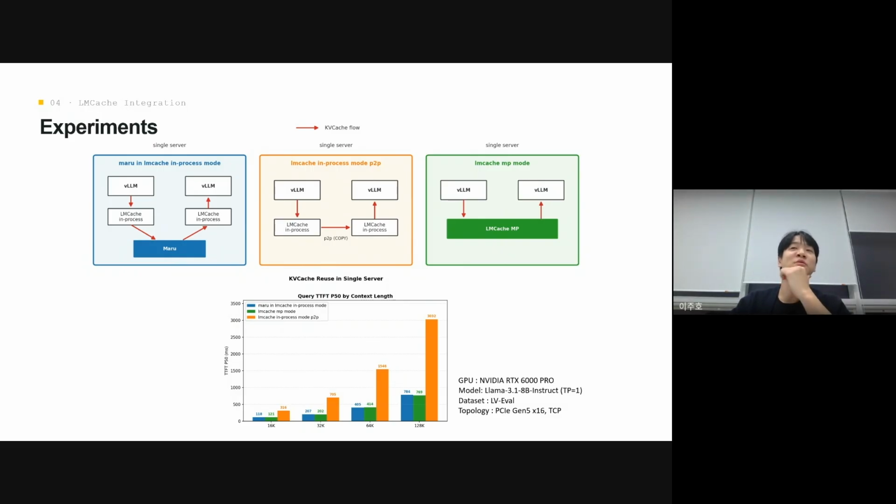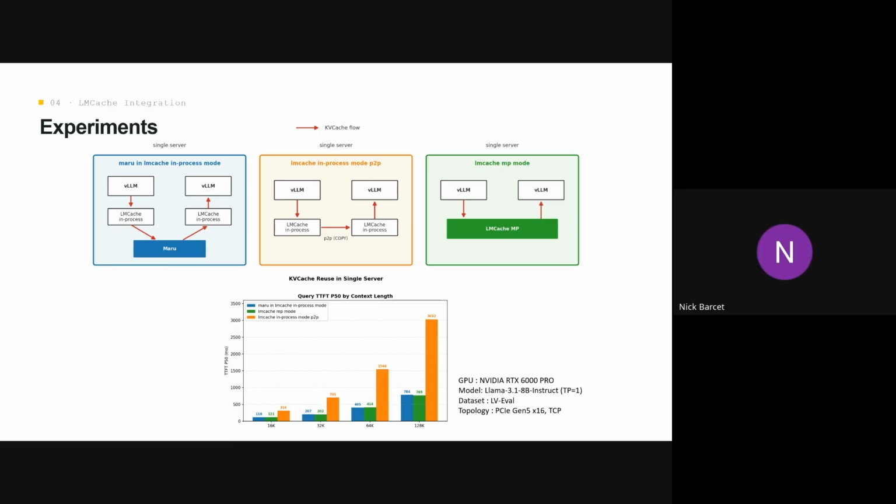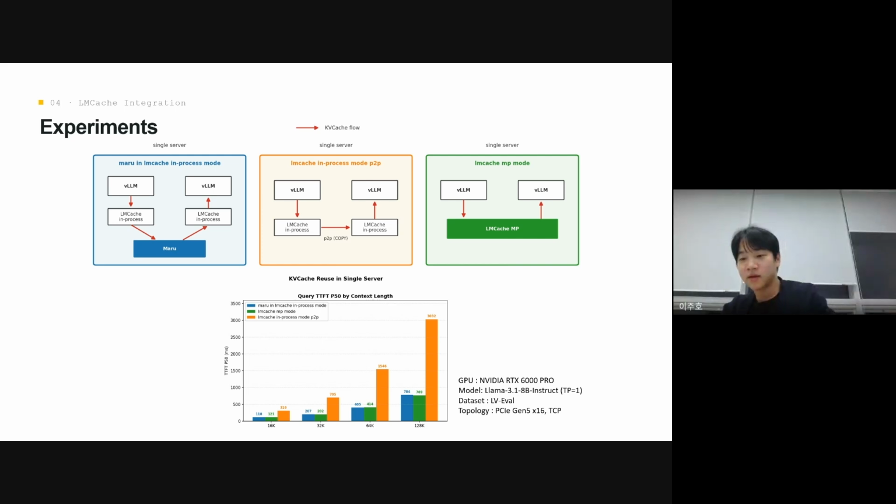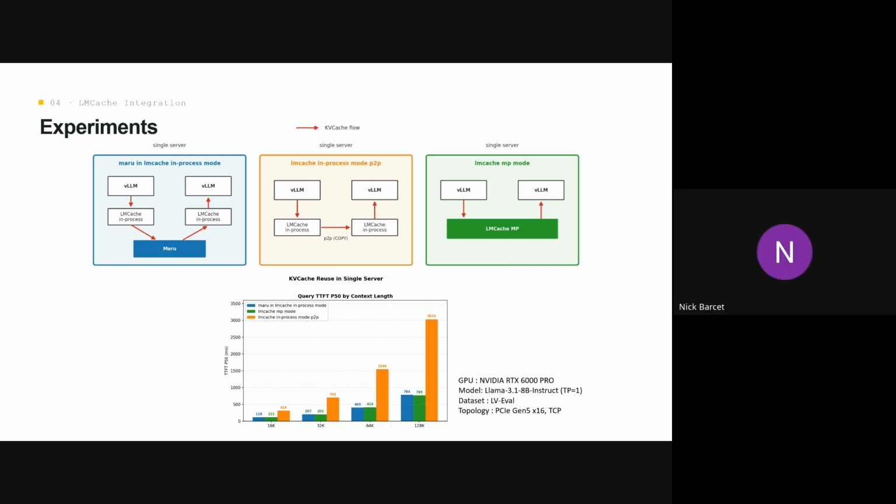For MP mode, we are now working on it. We compared against LMCache P2P mode in process mode. Okay, sorry, I missed that graph during the presentation. It's very interesting. Thank you.